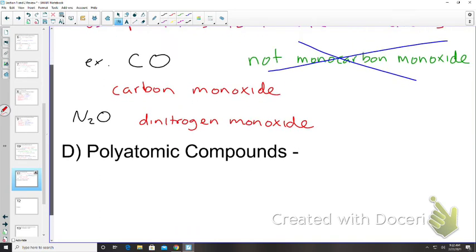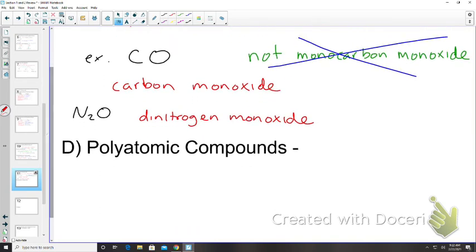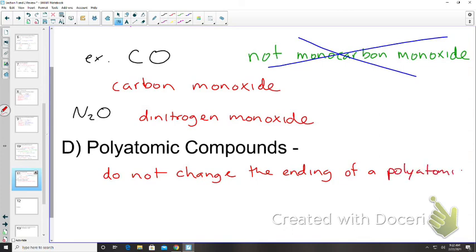Okay, polyatomic compounds. If it's a polyatomic ionic compound, we need to have a net charge of 0, of course. If it's a molecular polyatomic compound, we would use our prefixes to indicate that. But if we're just naming polyatomic compounds, do not change the ending of a polyatomic compound.